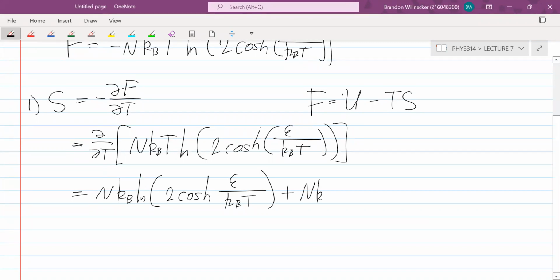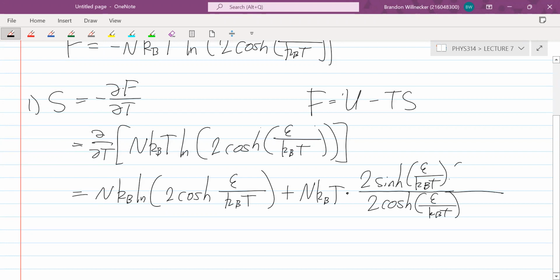That's going to be n kBT times, now the derivative of the natural log is going to be 1 over the stuff inside. So it's going to be divided by 2 hyperbolic cosine epsilon over kBT. And then we differentiate by this, so we're going to get 2 hyperbolic sine epsilon over kBT. And one more derivative, minus epsilon over kBT squared.